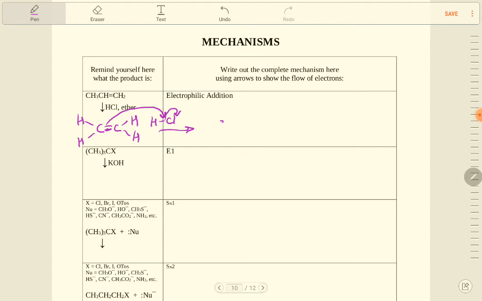So basically it's carbocation forms. There is a carbocation.